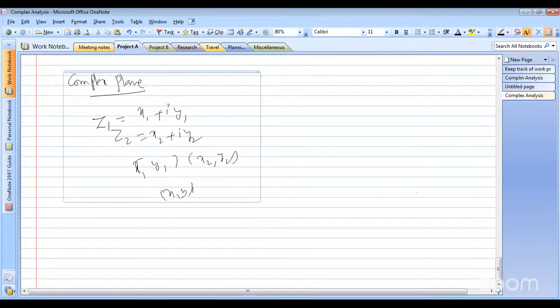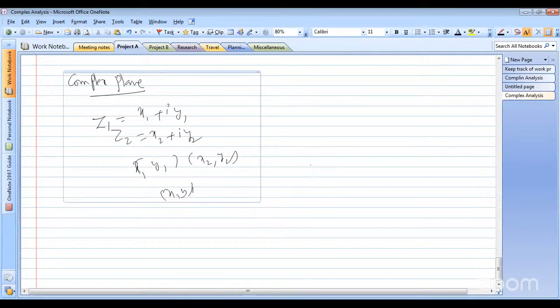This is the diagram, with axes X, O, Y. This is P, and this is Q, a point here.